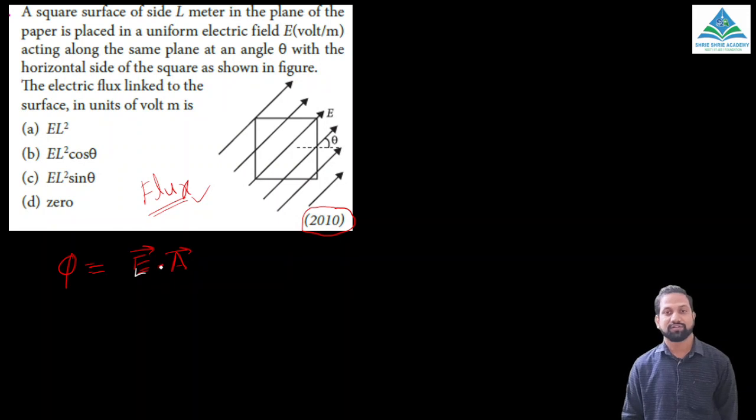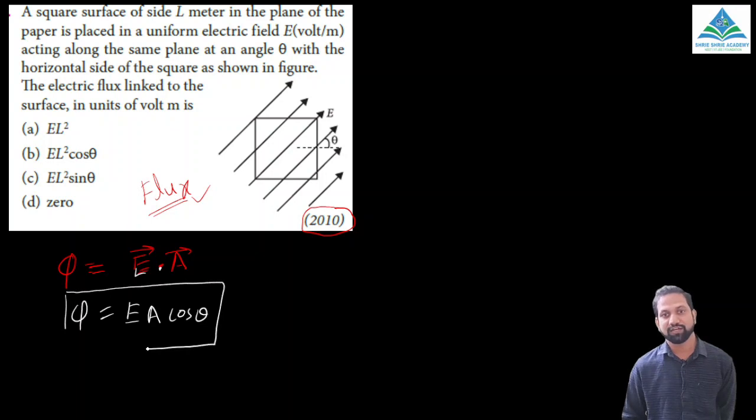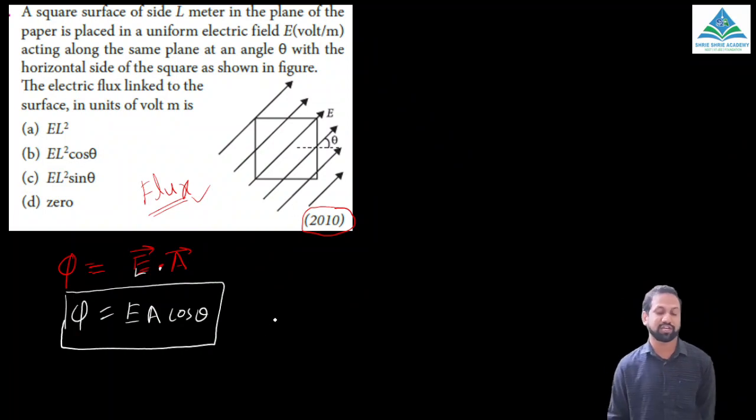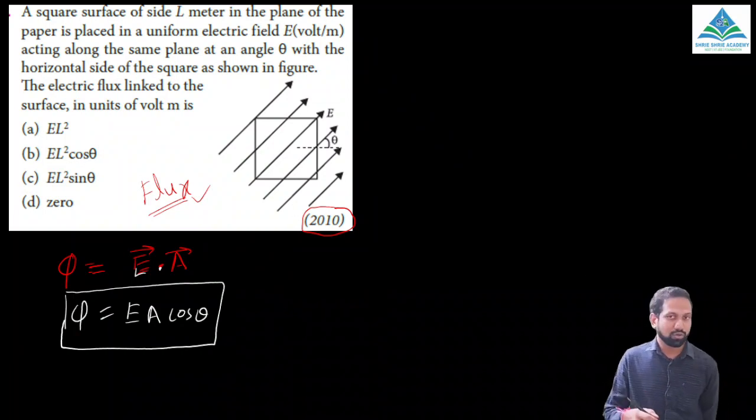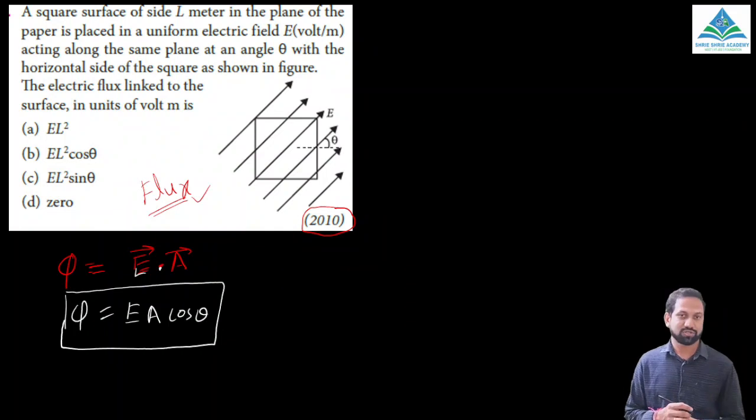How to calculate it? It's very simple. If you expand the dot product of two vectors, you know that it is E A cos theta. What is theta? The angle between field line and area. Okay, the projection again here. Area means not the whole total area. It is a projection of the body.